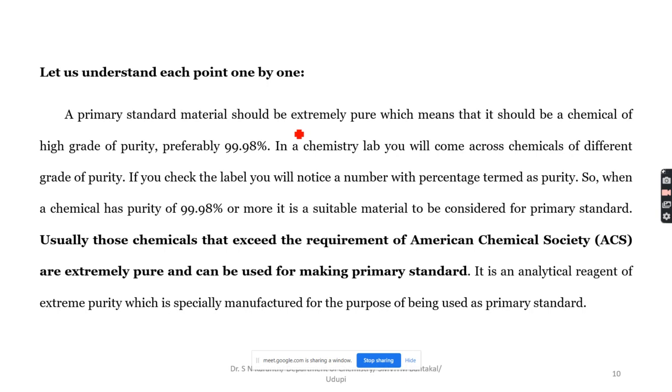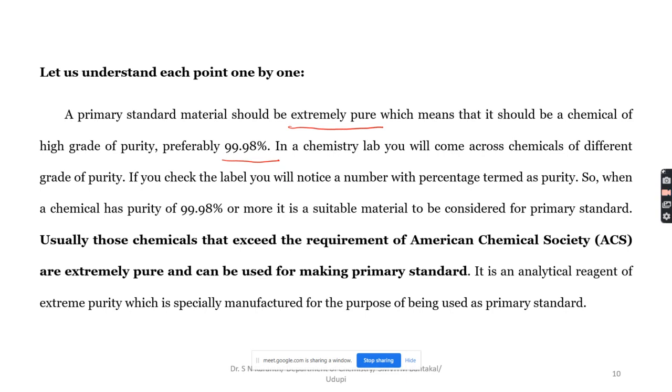The first thing is it should be extremely pure, which means it should not contain any other components. Chemicals of high grade purity, that is, we expect about 99.98% pure. Different grades of chemicals are available in the laboratory, but while preparing a standard solution, we have to choose a purity of 99.98%.